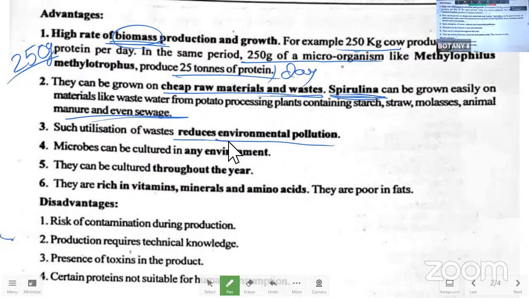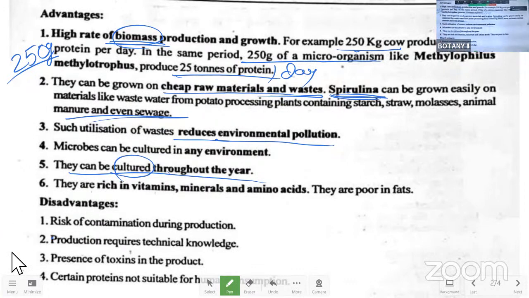And the next one is that these can be cultured throughout the year. That means these microorganisms can be grown every day, without any season or environment being mandatory for us. So throughout the year we can grow them. Cultured means growing. If you cannot use this word, you can say we can easily grow these organisms throughout the year.